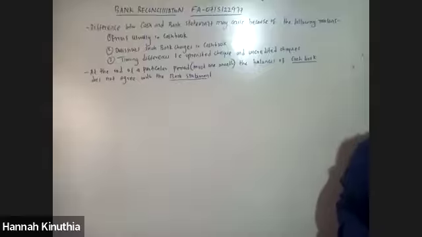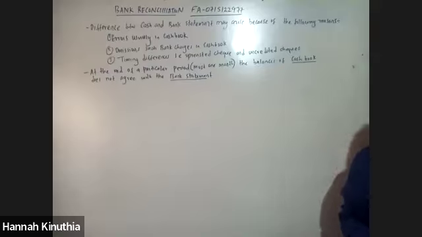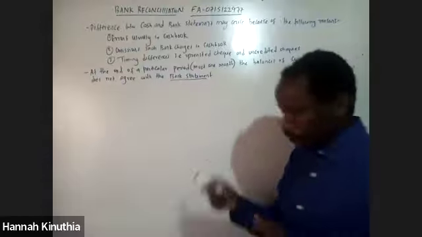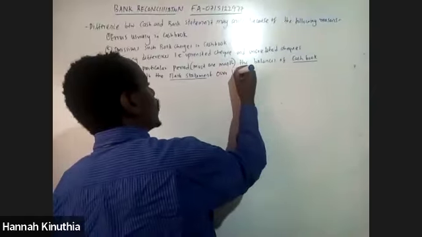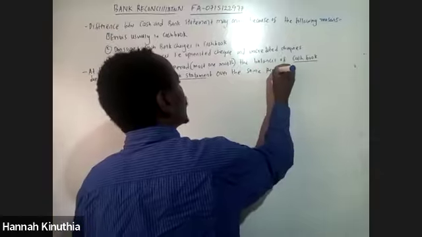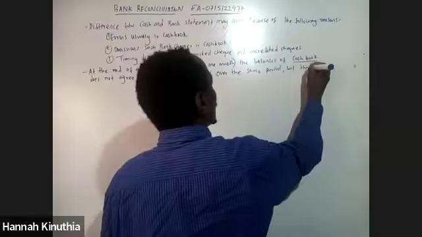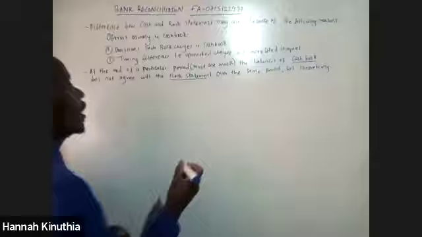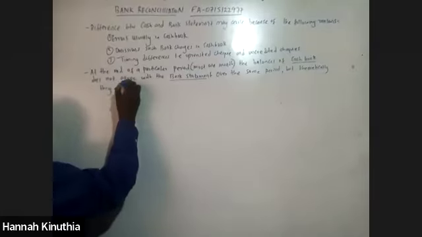So at the end of a particular period, the balances of the cash book do not agree with the bank statement over the same period. But theoretically, they should agree.